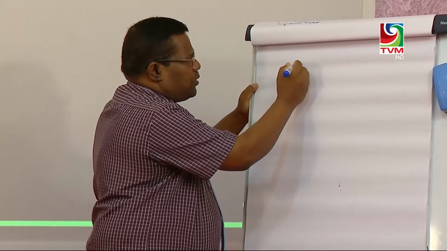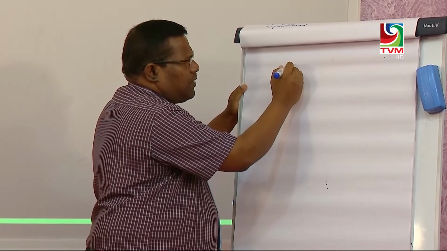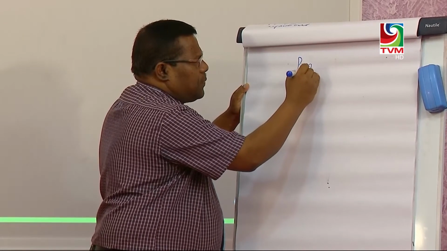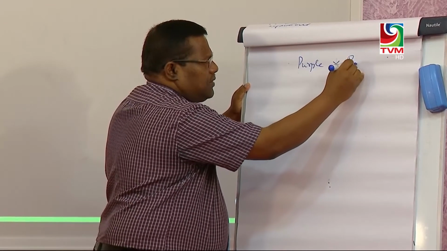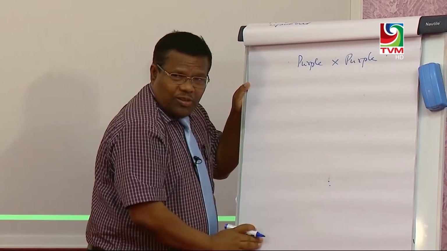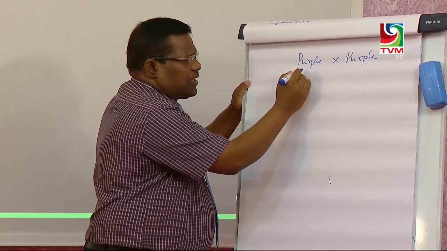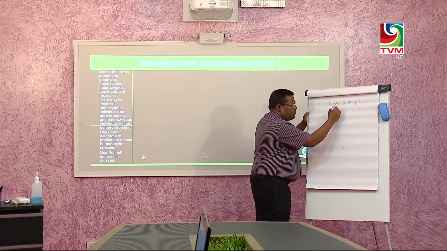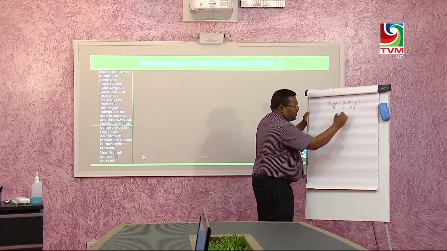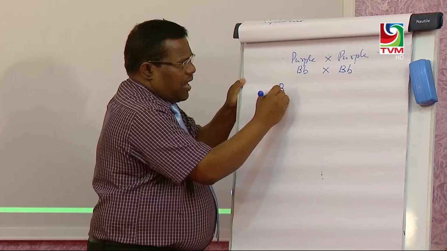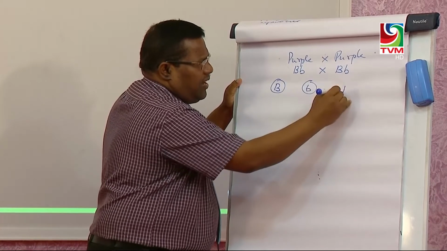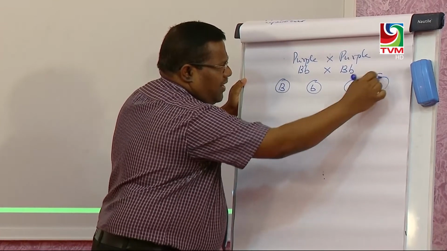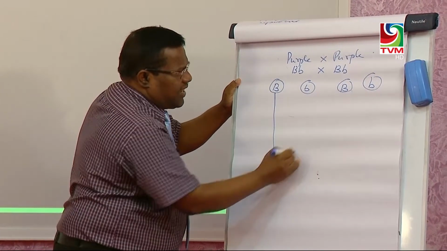So you are supposed to know the parents, the phenotype. Now it is purple into purple. The format should be there, don't forget. Then the genotype, capital B, small b into capital B, small b. Then the gametes, capital B, small b, capital B, small b. And the fertilization takes place.